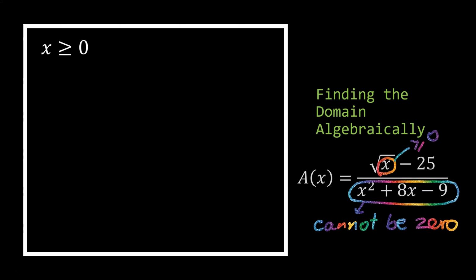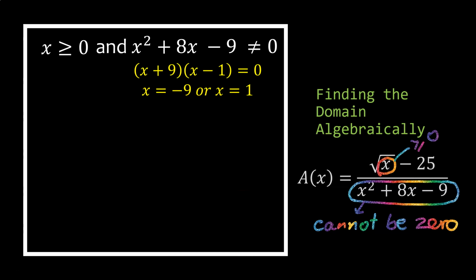One is x has to be greater than or equal to 0. So imagine your number graph. The domain would have to be at this point to the right of 0, right? And it also has to exclude the points where x squared plus 8x minus 9 is 0.